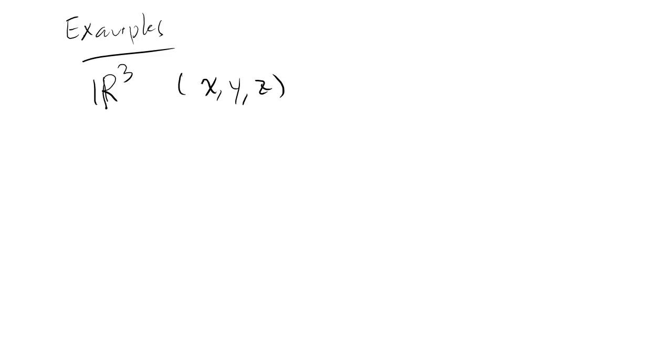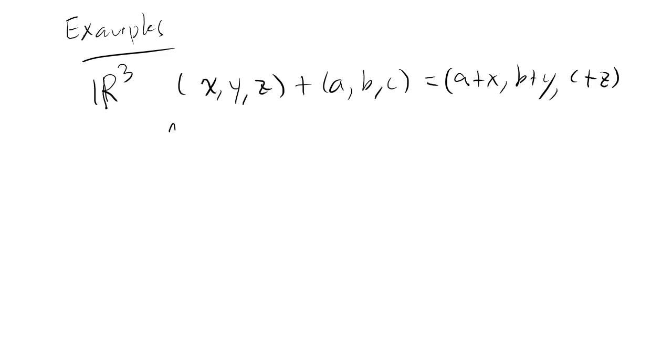So let's talk about some examples. Well, R3, where elements look like x comma y comma z, is obviously a vector space with the vector addition that if you have a, b, c, you have a plus x, b plus y, c plus z, and also a constant multiple to a vector can be calculated this way.